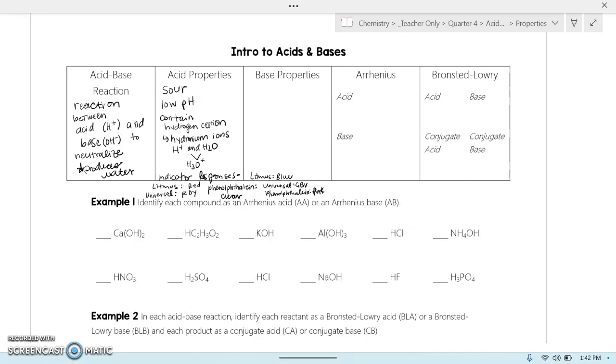So some base properties. Bases, the ones that are safe to taste, will taste bitter. They have a high pH. And they contain the hydroxide ion. That's our OH. That's going to be our anion.